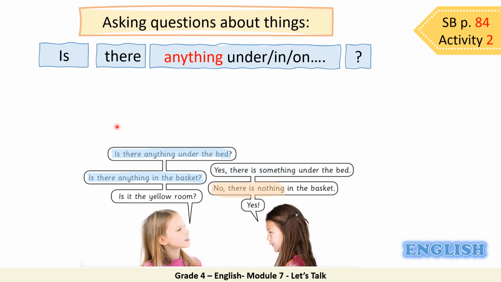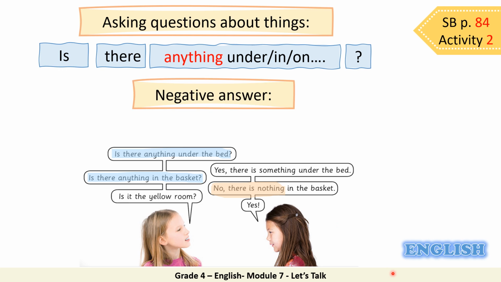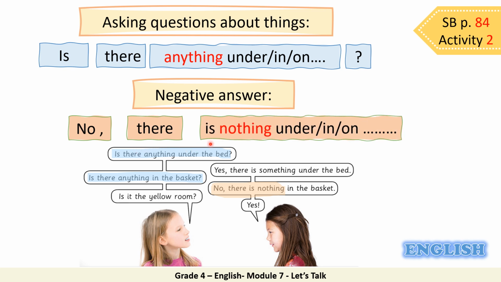Now, if I want to answer with a negative answer, I would start with no. There is nothing under or in or on. Remember, there's another way to say it. We can say no, there isn't anything under, in, or on.